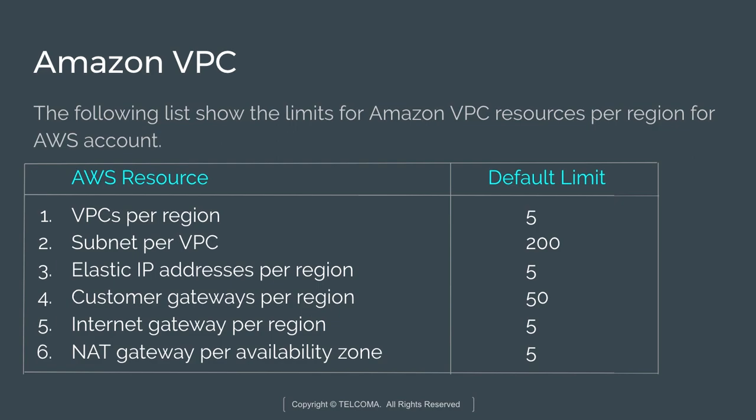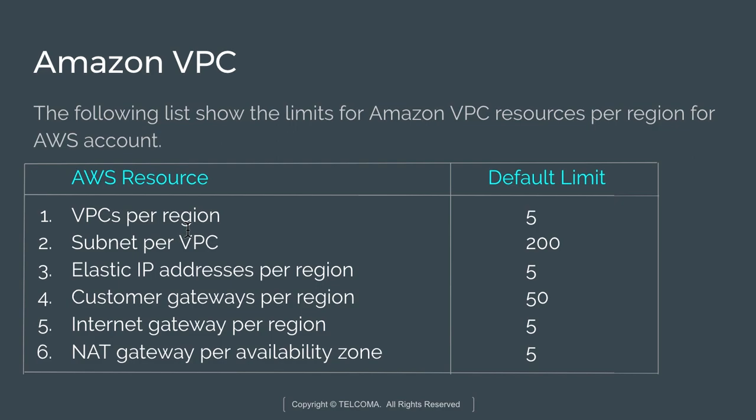This is very important from an examination point of view: how many virtual private clouds per region it can support. We have a limit of 5. That means in a region we can have 5 virtual private clouds. Now, how many subnets per virtual private cloud? Up to 200 subnets in a virtual private cloud.